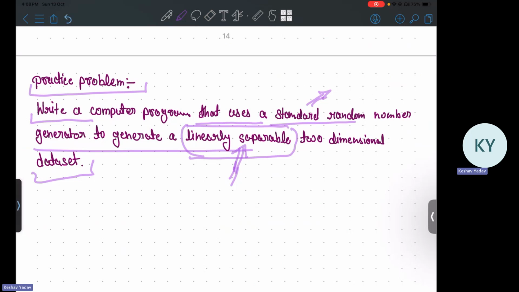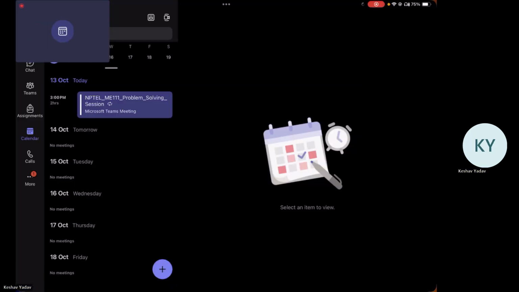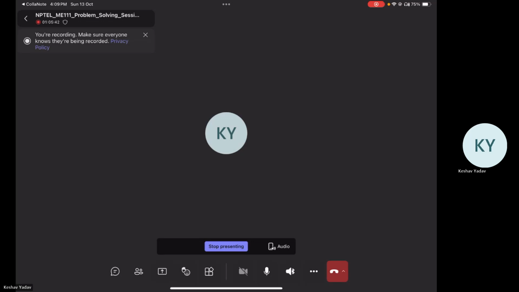So let me stop here. I will share from my computer. Share screen.